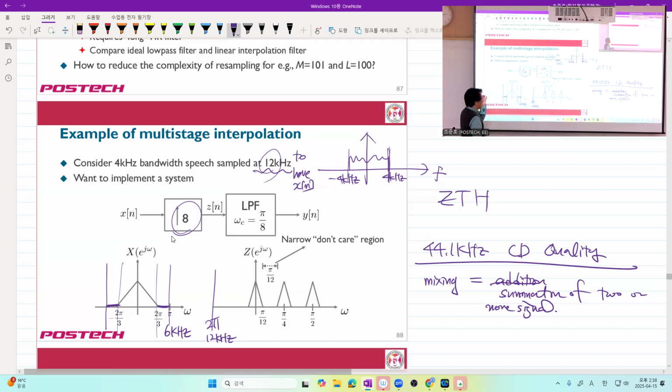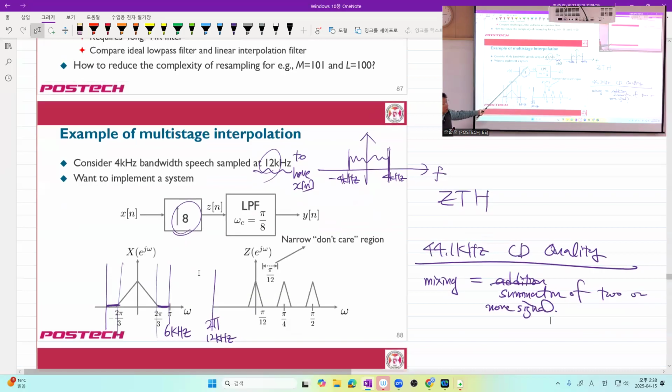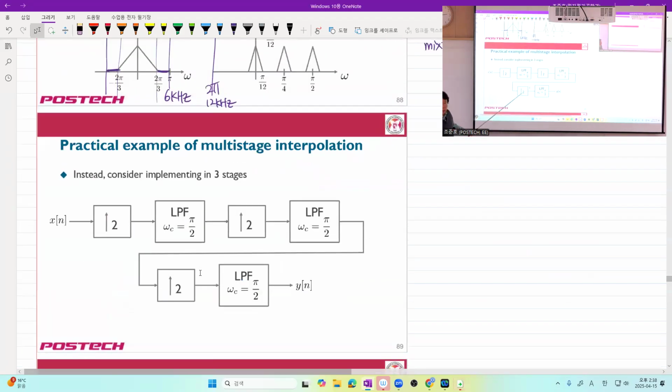And you don't want to have these signals. So sometimes you may have a low pass filter that cuts out the signal. And here, instead of having this one with a very sharp pi over 8 cutoff, you may implement it this way.